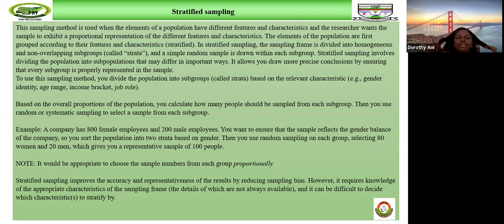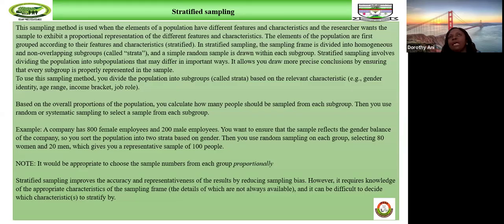Here, what we do is that in your population, you divide them into groups that we call strata, based on one particular or relevant characteristic that you are looking for.